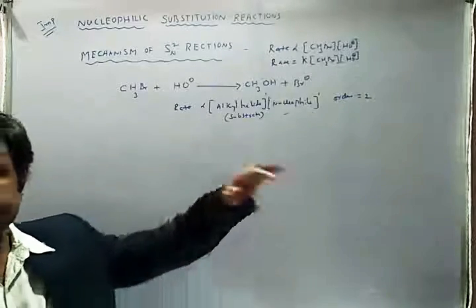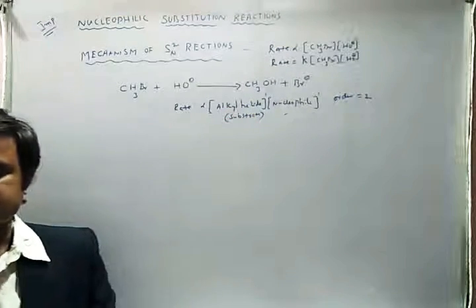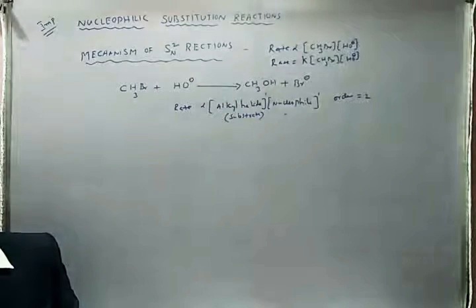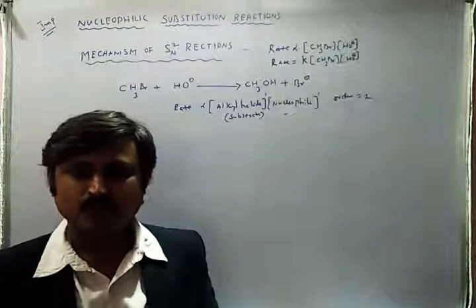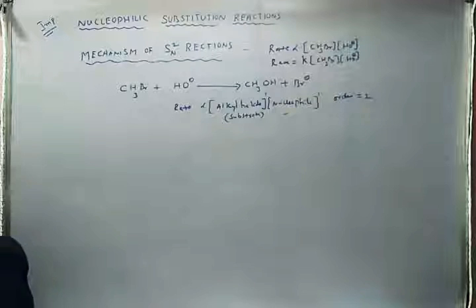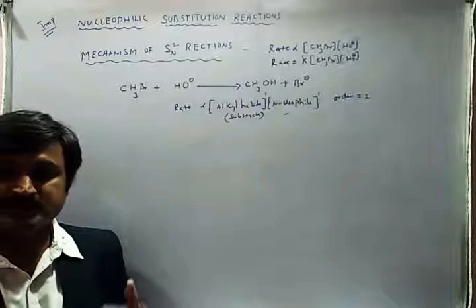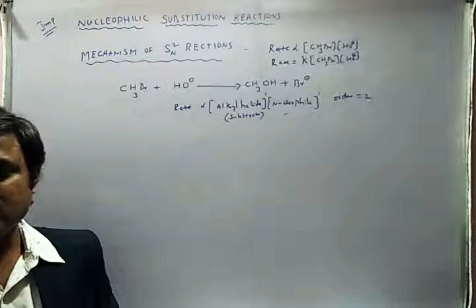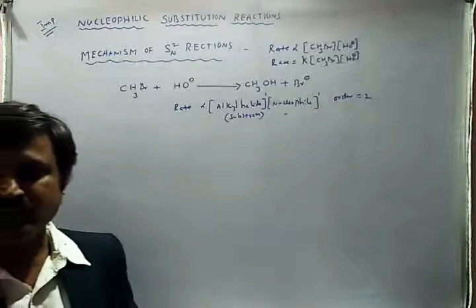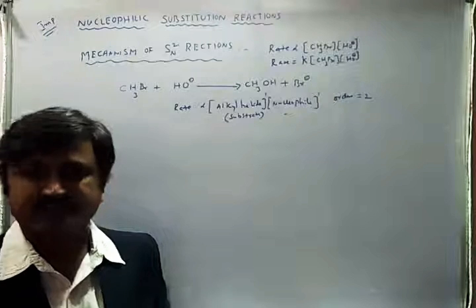As it increases, the rate of reaction also increases. The rate constant also describes how hard it is to reach the transition state. The larger the rate constant, the easier it is to reach the transition state.